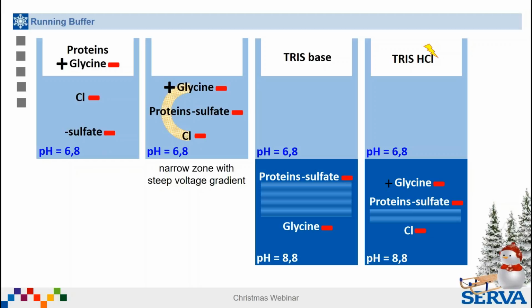The separation will be slow as well, and you have a zone electrophoresis then. So to avoid this, please be aware to use Tris base and do not adjust the pH with HCl. Otherwise, you will have this appearance here and not nice gels.